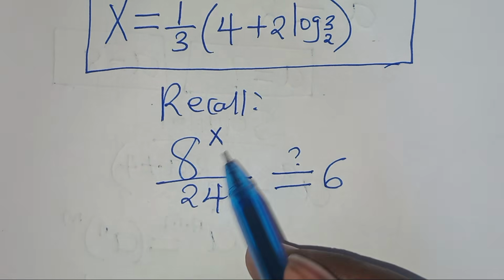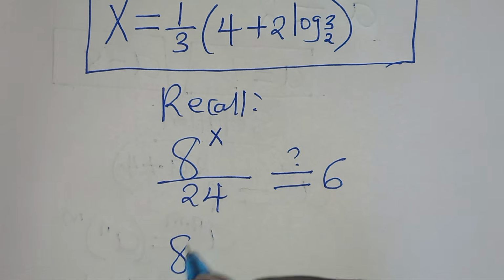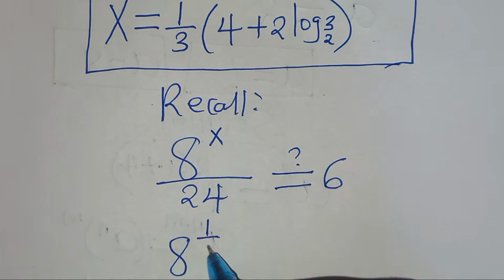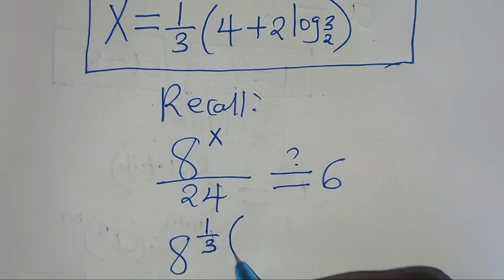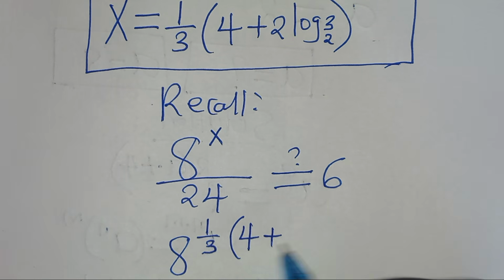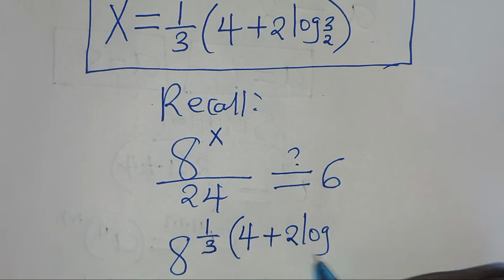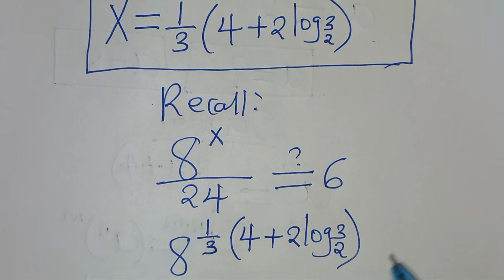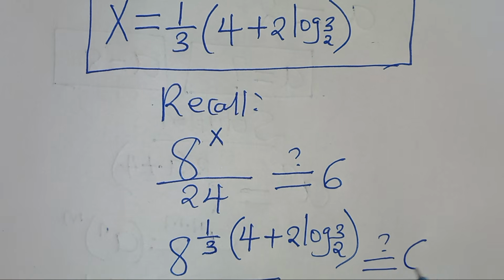So let's substitute the value of x here. We have 8 raised to the power of 1 over 3 into the parentheses 4 plus 2 log 3 to base 2, divided by 24. This should give us a value of 6.